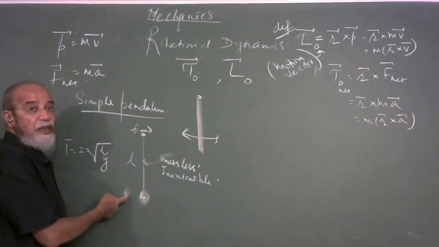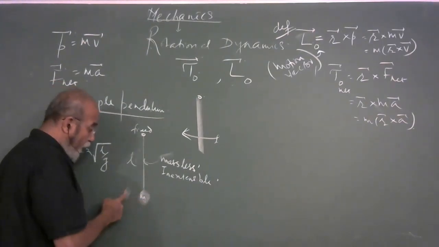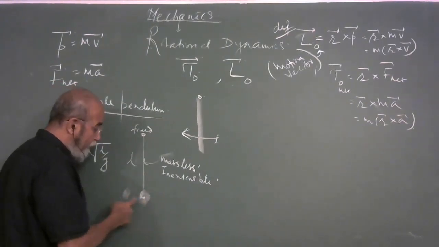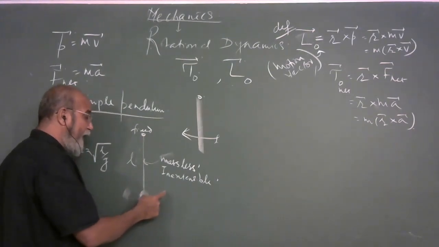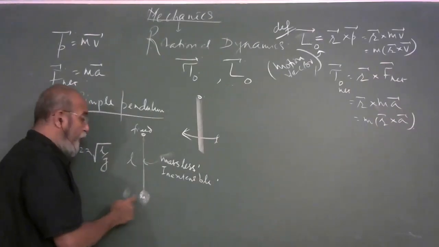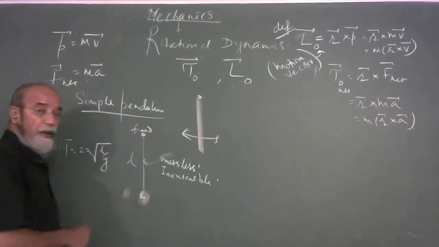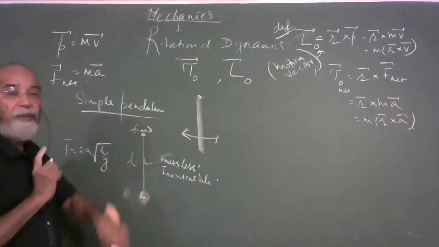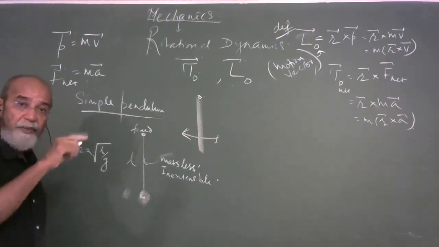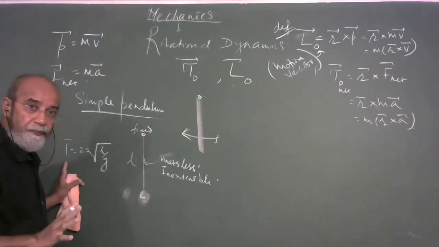We said 1 cycle completed, 2, 3, 4, 5. So when it goes this way and it comes back, the time that lapsed is called a time period. So what we did was we counted up to 10 and we measured 5 minutes. Then we took 5 minutes, multiplied it by 60, divided by 10, and we got the time period.